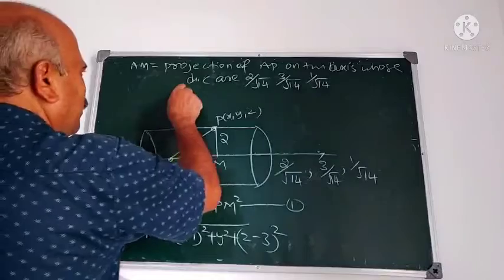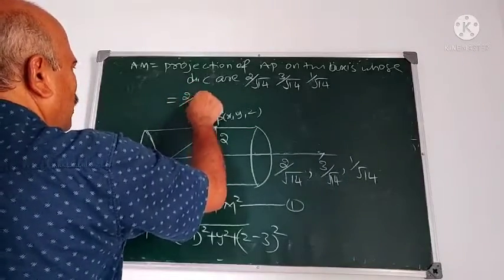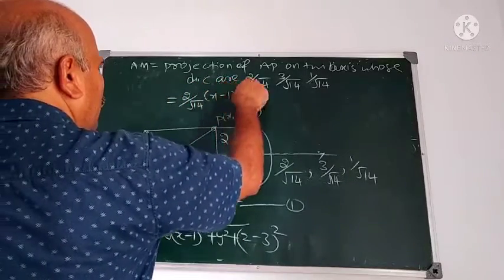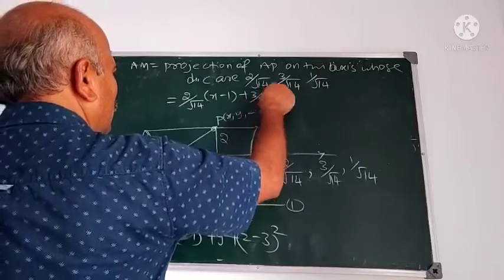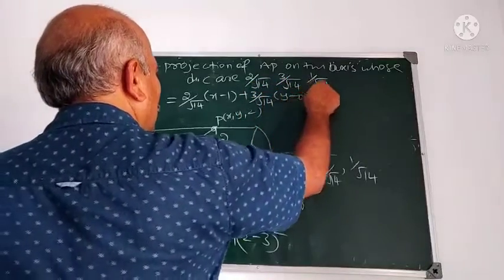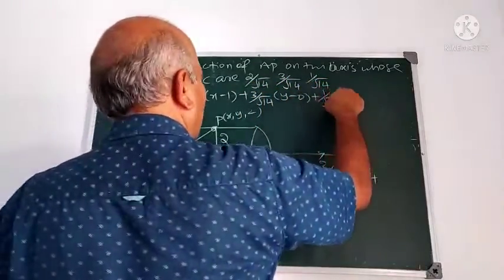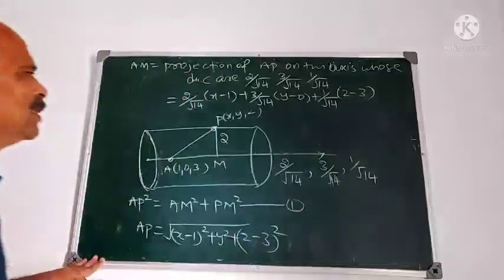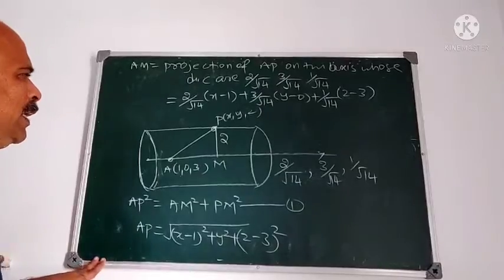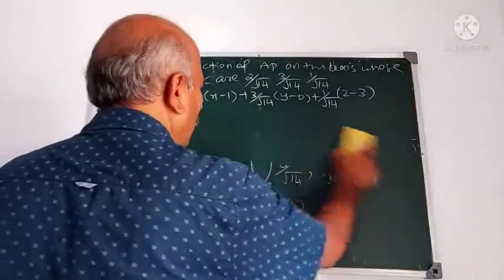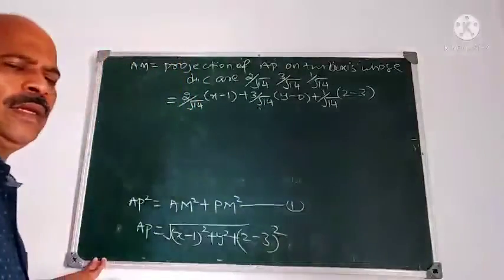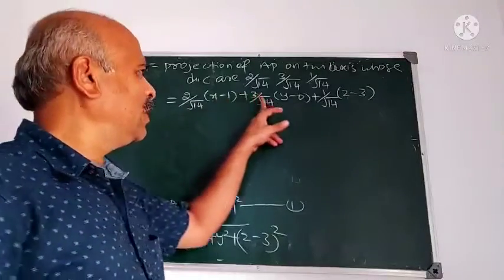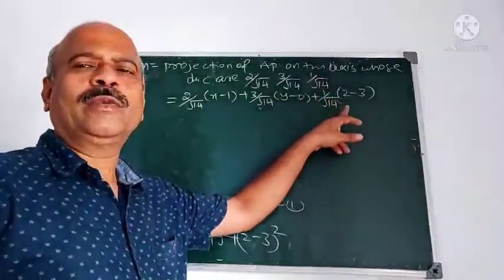Therefore, what is the formula? 2 by root 14 into (x minus 1), 3 by root 14 into (y minus 0), 1 by root 14 into (z minus 3). This is AM. You follow now how the formula is used there: l into (x2 minus x1), m into (y2 minus y1), n into (z2 minus z1).